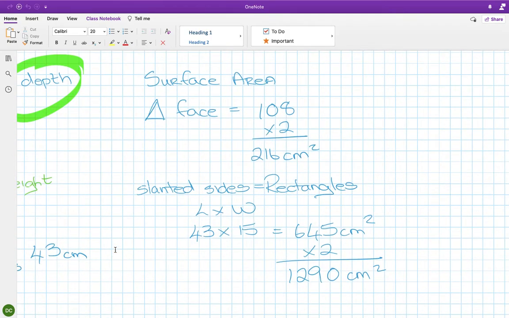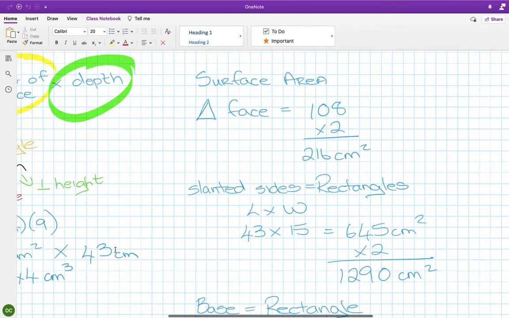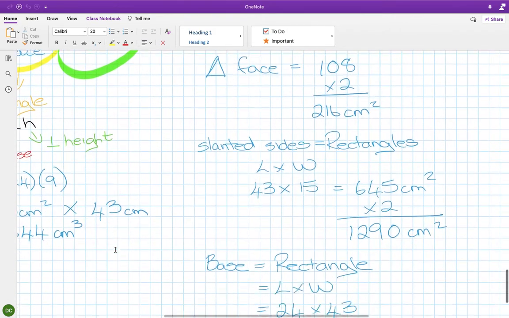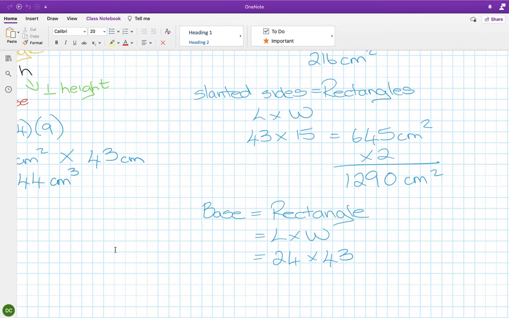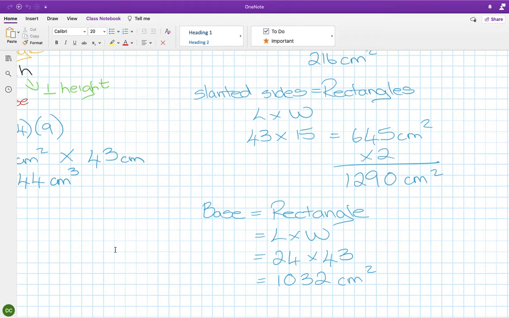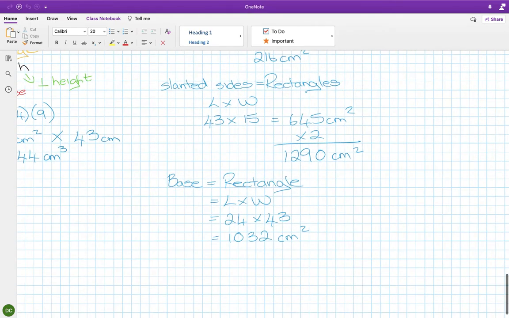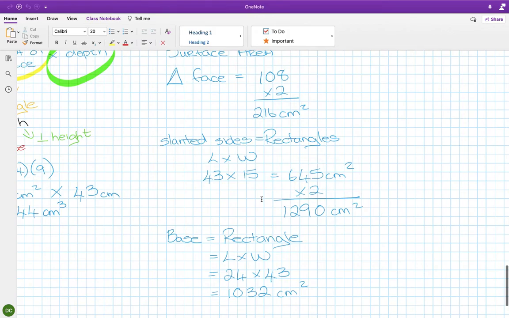So then we have the base, which is a rectangle, length by width, 24 by 43, isn't that what I said? Yeah, 24 by 43 is 1032 centimeters squared.